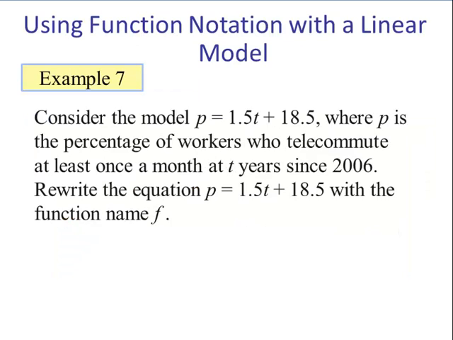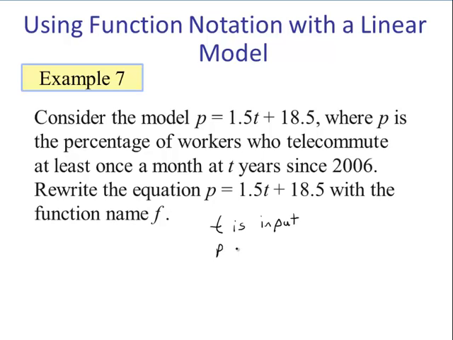Example 7. Consider the model p equals 1.5 t plus 18.5, where p is the percentage of workers who telecommute at least once a month at t years since 2006. Rewrite the equation p equals 1.5 t plus 18.5 with the function name f. So in this case, t is our independent variable. t will be the input.